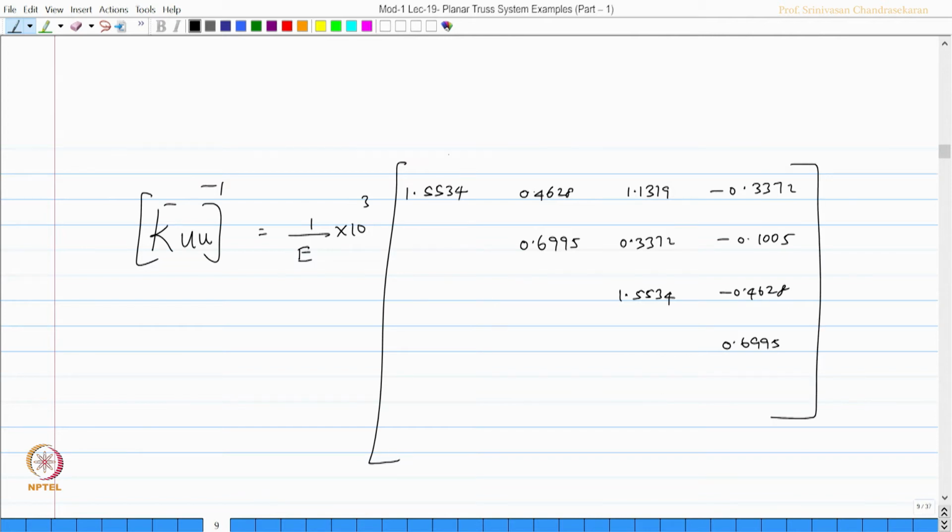Now, the labels could be again 1, 2, 3 and 4. This is k u inverse.